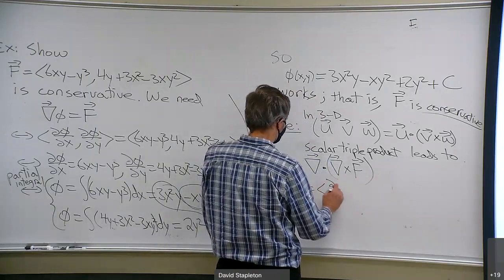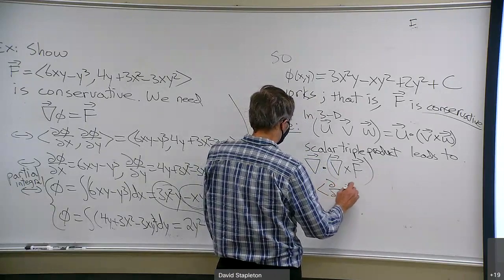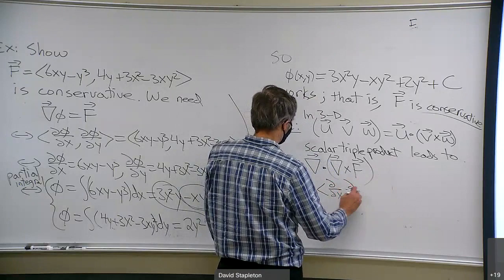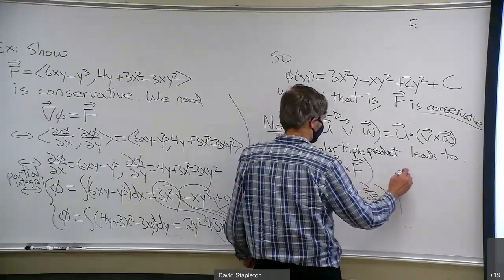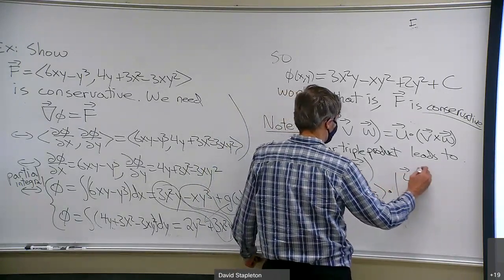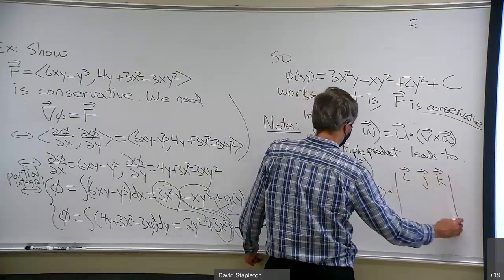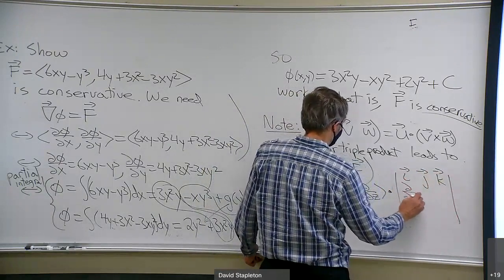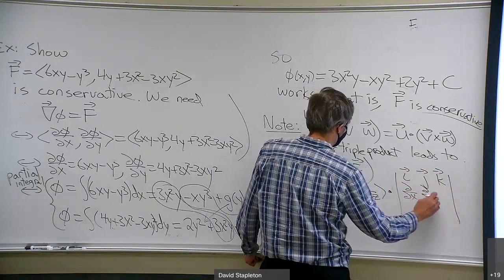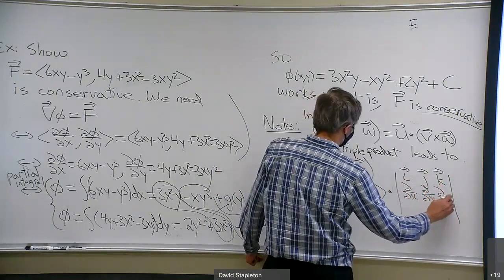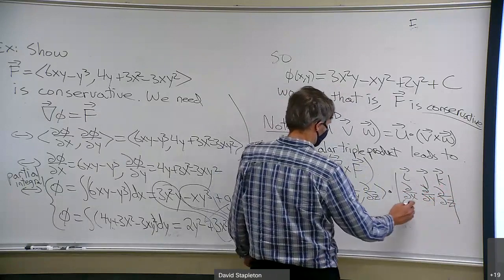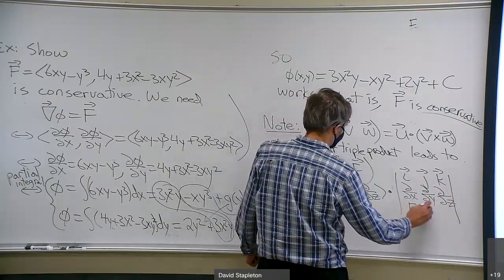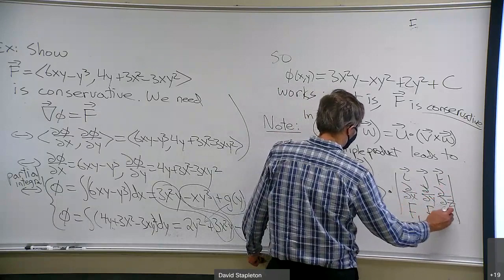We'll do this: it's d/dx, d/dy, the gradient operator. And then you dot product it with this determinant, that's the curl. i, j, k, d/dx, d/dy, d/dz, and then F1, F2, F3, the components of the vector field.